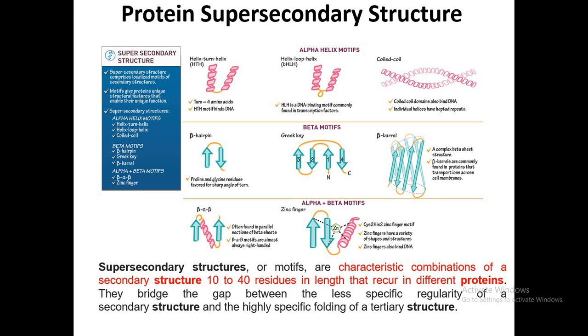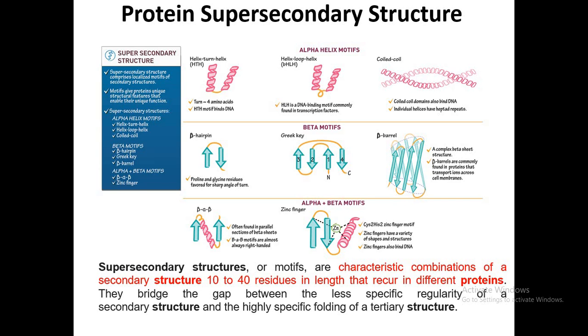And what are the super secondary structures? These are the joining of different secondary structures together, or the connection of different types of secondary structure together. After this super secondary structure, proteins fold themselves in a three-dimensional way, and that will be the tertiary structure.